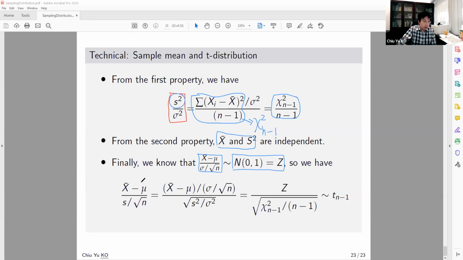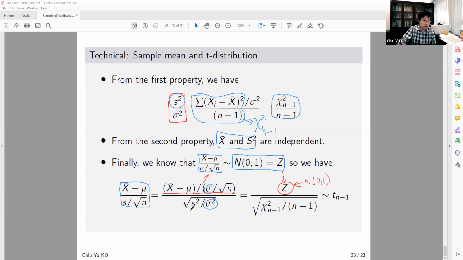Now, why is this t? First, you divide the denominator and numerator by sigma. The numerator here, I use another color for you to see more clearly, is from here, and tells you this is Z, normal 0, 1.